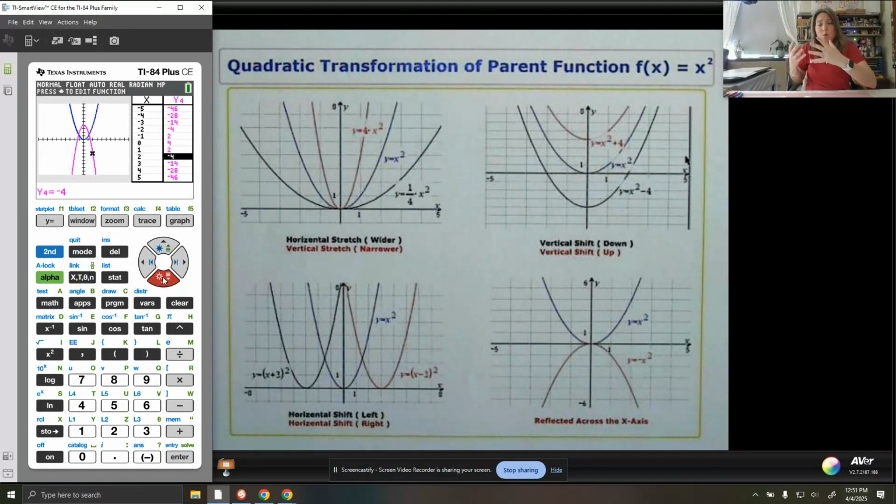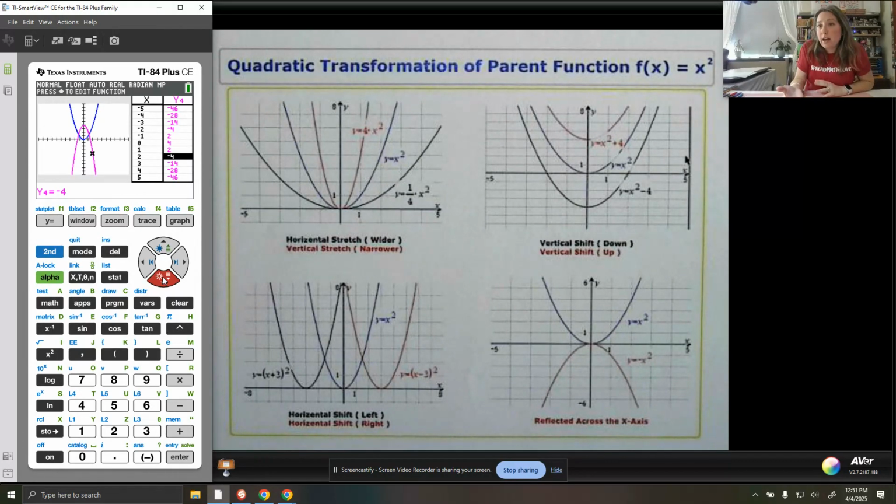Okay, and so whenever I want to move, let's say, right 3, then I am subtracting 3 on the inside of whatever parentheses we are indicating. And since this is a quadratic, the x squared is the parentheses that we are looking at. So the squared parentheses is how I move left and right.